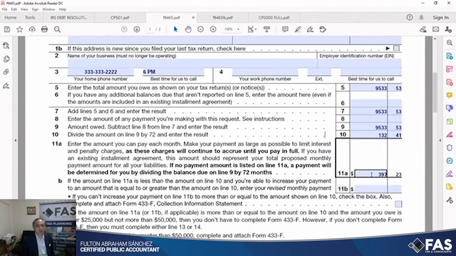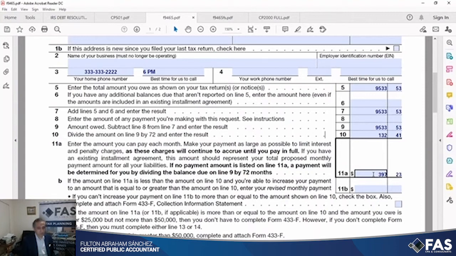This is the amount that you have selected if you are doing the tax return, or if you are doing the installment agreement, an installment agreement in this case, and the amount is 9,533. This will be the amount to be paid in 24 months.